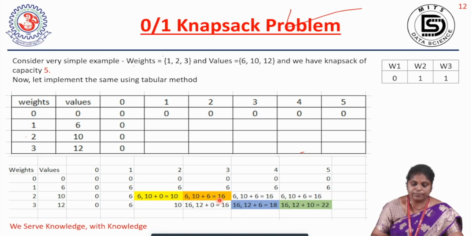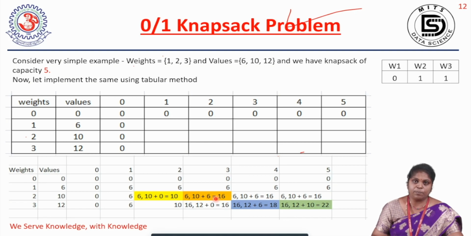For example, 2 comma 3. What is 2 comma 3? My bag size is 3 and I have two items. Here also there are three possibilities: keeping item 1 alone, item 2 alone, or both item 1 and item 2. If I keep item 1 alone, I'll get a profit of 6. If I keep item 2 alone, I'll get a profit of 10.